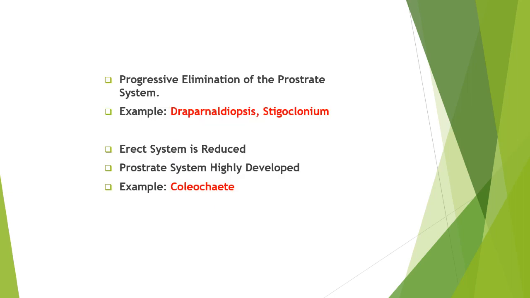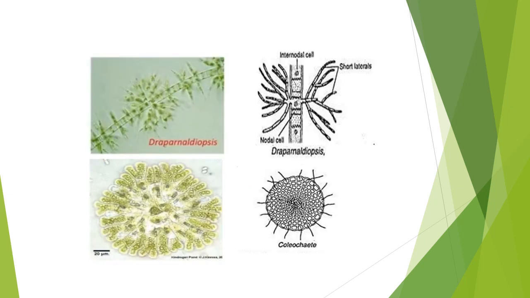Then there can be different forms, as there can be a progressive elimination of the prostrate system. It will have a perfect erect system, and the prostrate system is slightly eliminated. These are the two examples where you will find this, while in the case of Coleochaete, the erect system is reduced and it has a highly developed prostrate system.